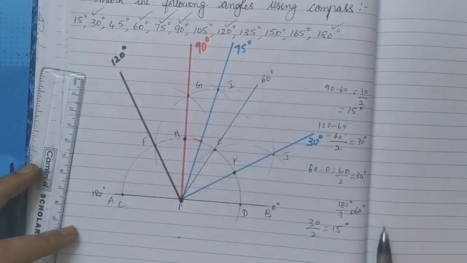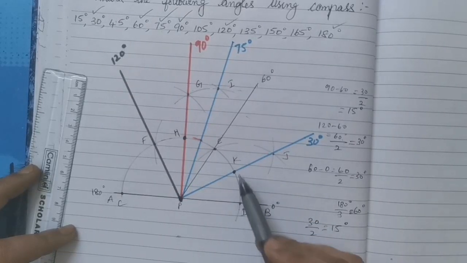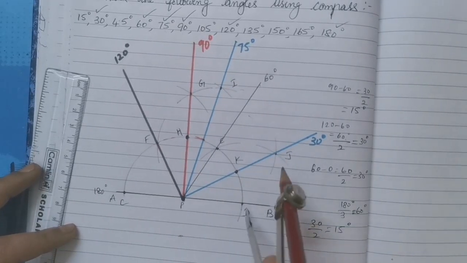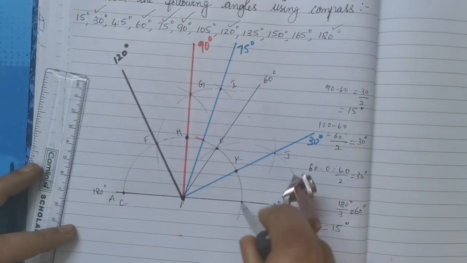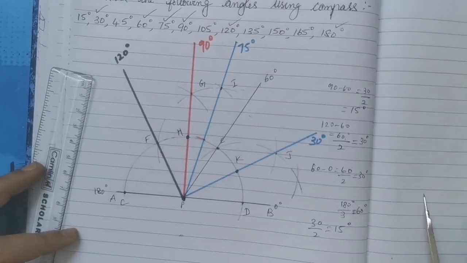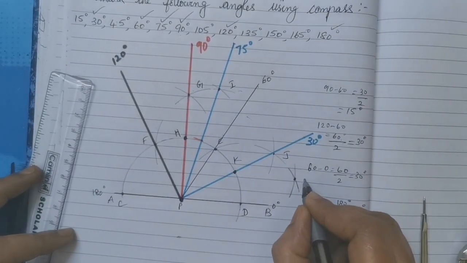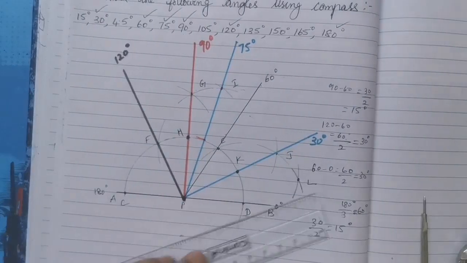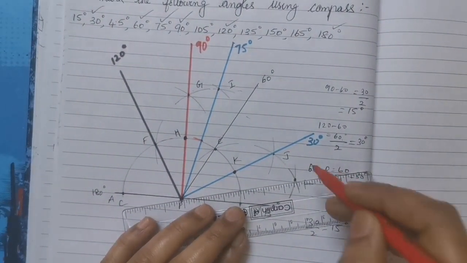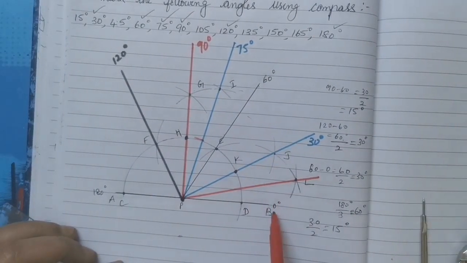Now we will divide the part between D and K. Between D and K there are 30 degrees. So when we divide this part into 2, we mark an arc from D and another from K. So my point of intersection, I am naming it as L. So when I join it, now I divided 30 degrees into two parts.